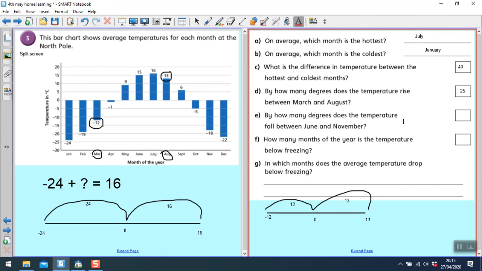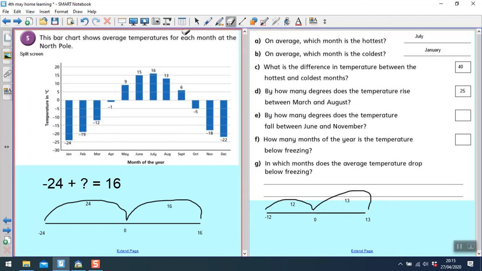The next one, by how many degrees does the temperature fall between June and November? So I'm going to circle June, which is 15 degrees, and I'm going to circle November, which is negative 18 degrees.